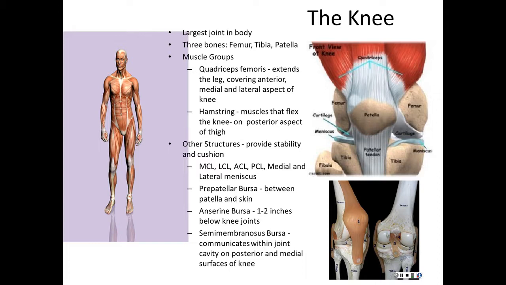And looking at the knee, realize it's the largest joint in the body. It takes a lot of blows. So you've got three major things you have to look at: the femur, patella, and tibia. What strengthens the knee is your quadriceps and hamstrings, and on the bottom, the gastrocnemius.